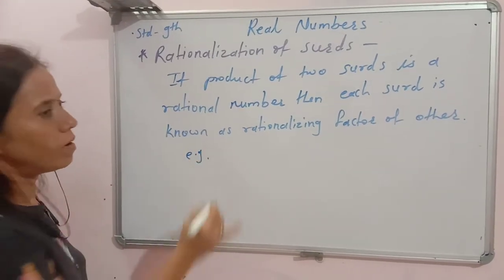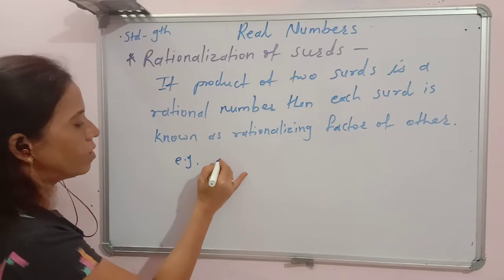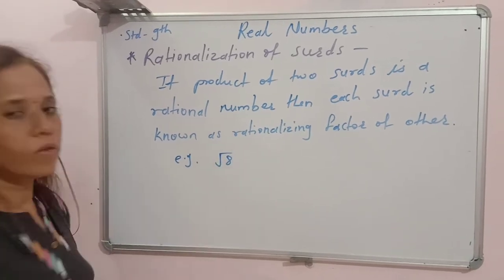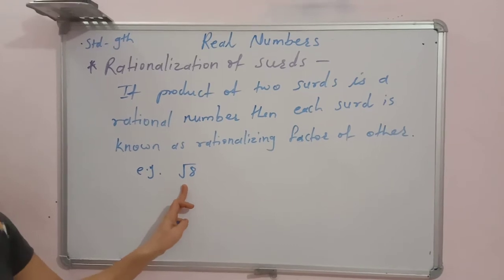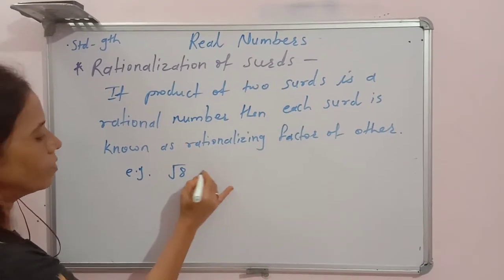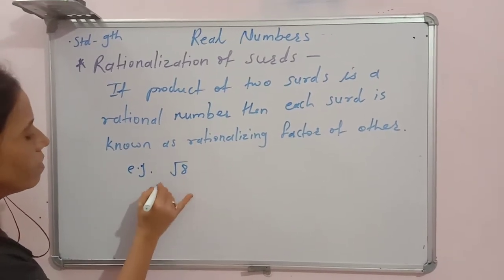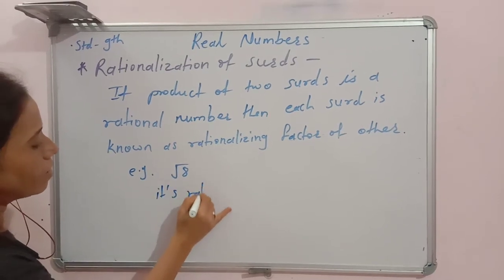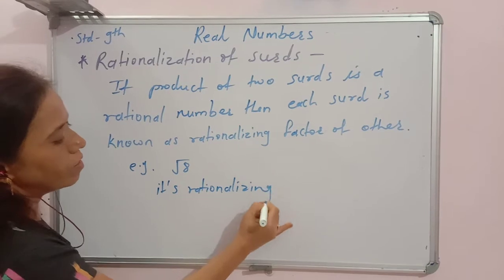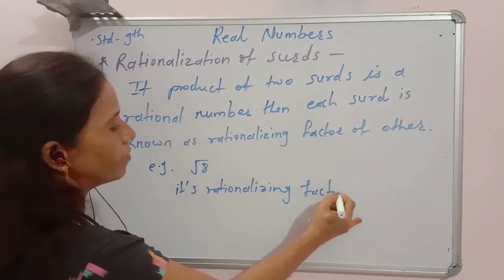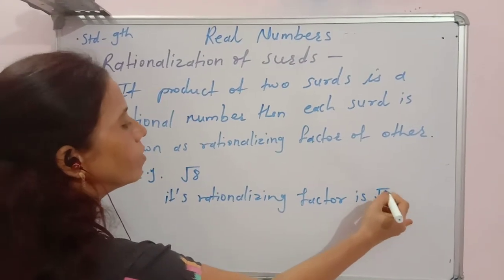For example, root 8. So this is one surd, and its rationalizing factor is root 2.